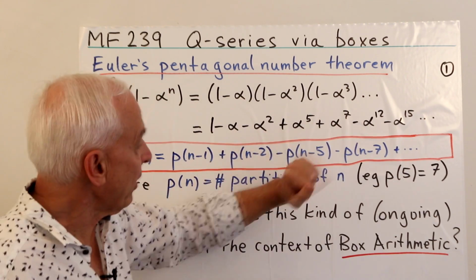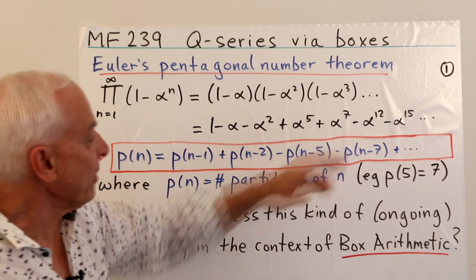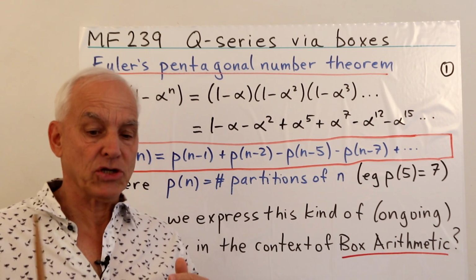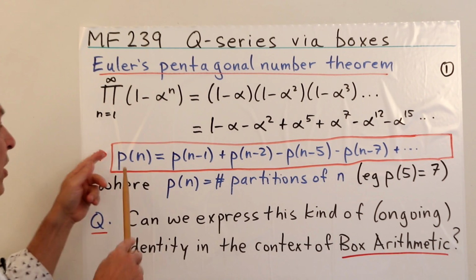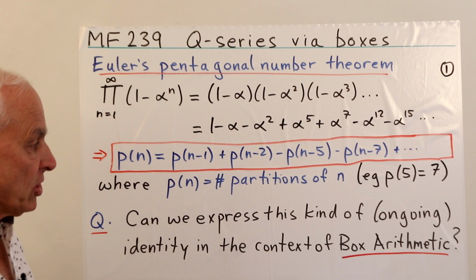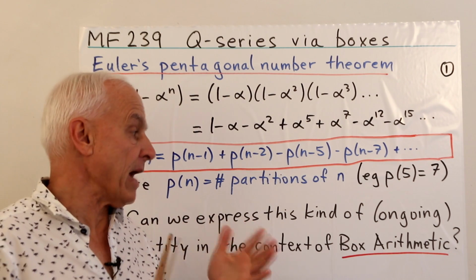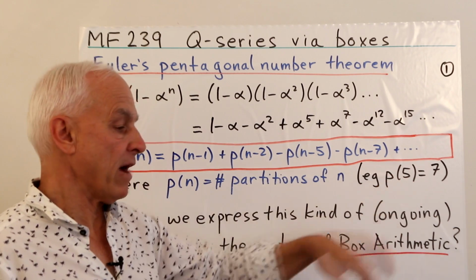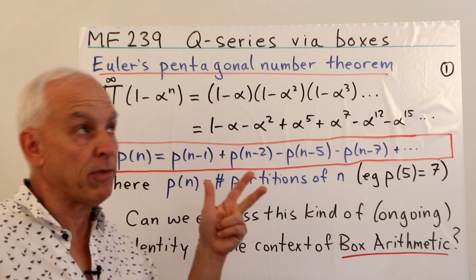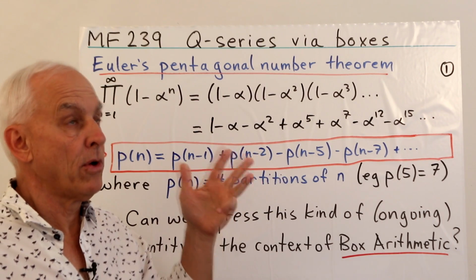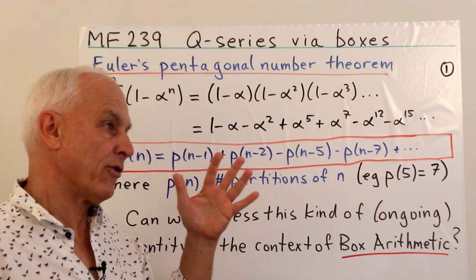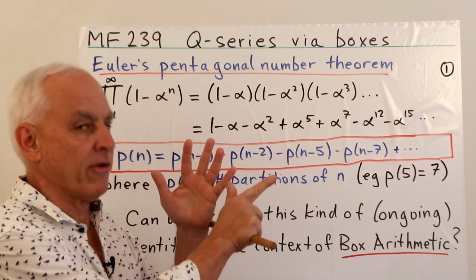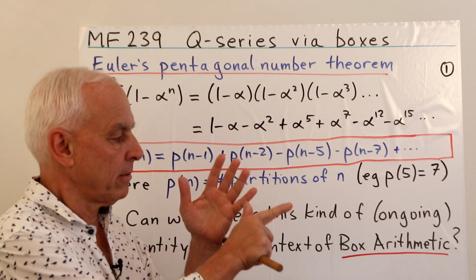And it's a very interesting sequence with plus and minuses and these rather interesting numbers. It's particularly important because of a remarkable connection that Euler realized with the partition function. So if P of n is the number of partitions of n, the number of ways of writing a natural number as a sum of other natural numbers, like P of 5 is 7, because you can write 5 as 5, or 4 plus 1, or 3 plus 1 plus 1, or 3 plus 2, or 2 plus 1 plus 1 plus 1, or 1 plus 1 plus 1 plus 1 plus 1.